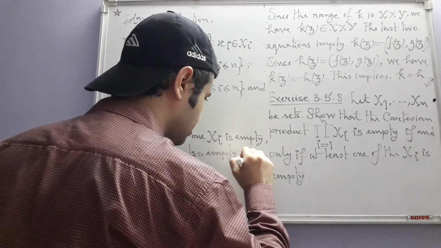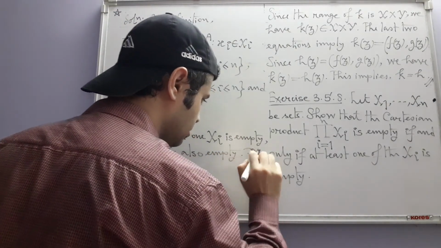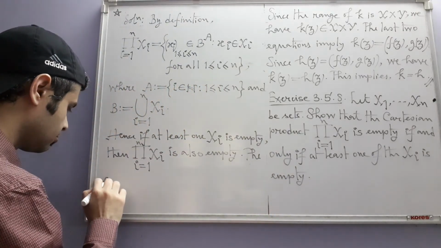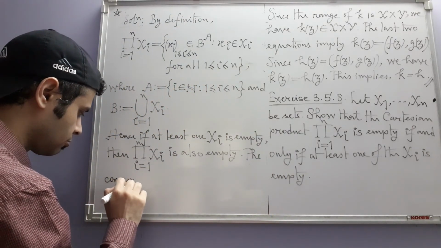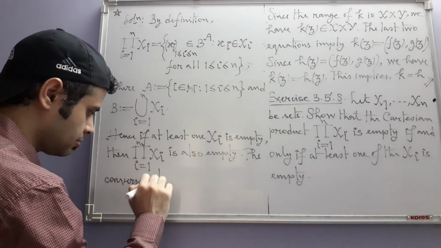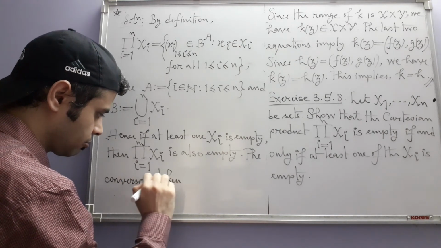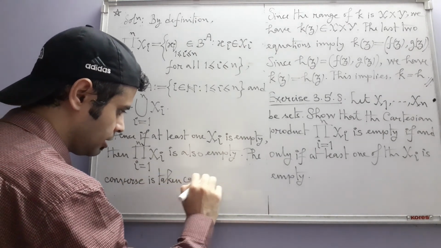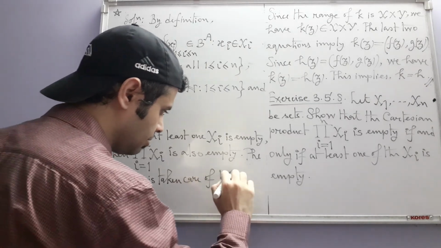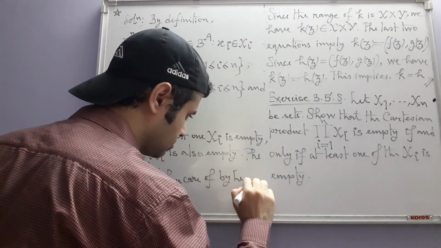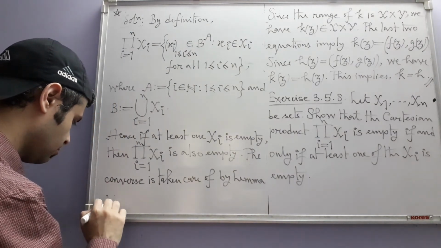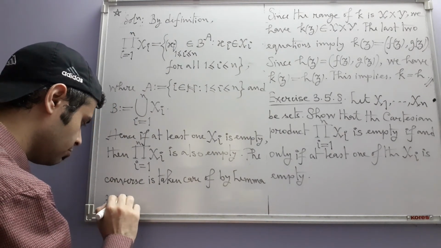So we just mention like this: the converse is taken care of by lemma 3.5.12.